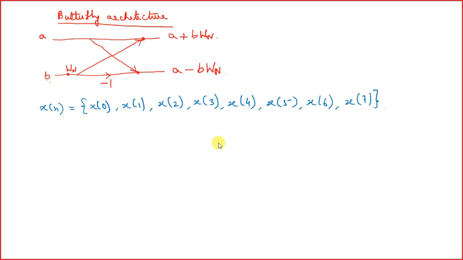Now we would like to decimate the signal until we are left with a pair of the signal components. A pair of the signal components. Okay. So if I break it down, what will happen?